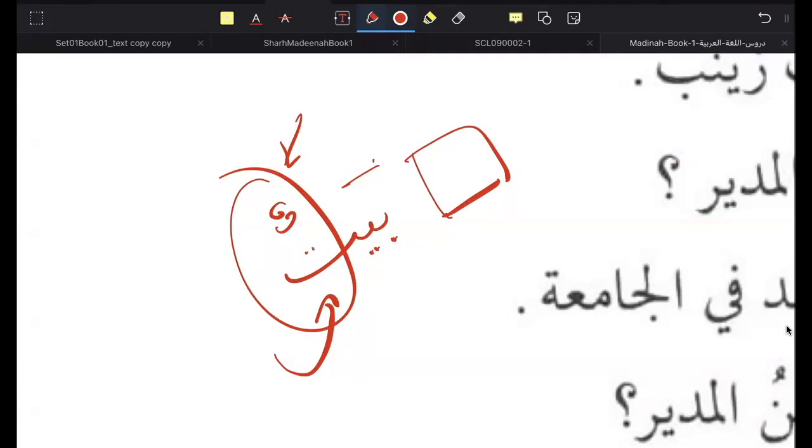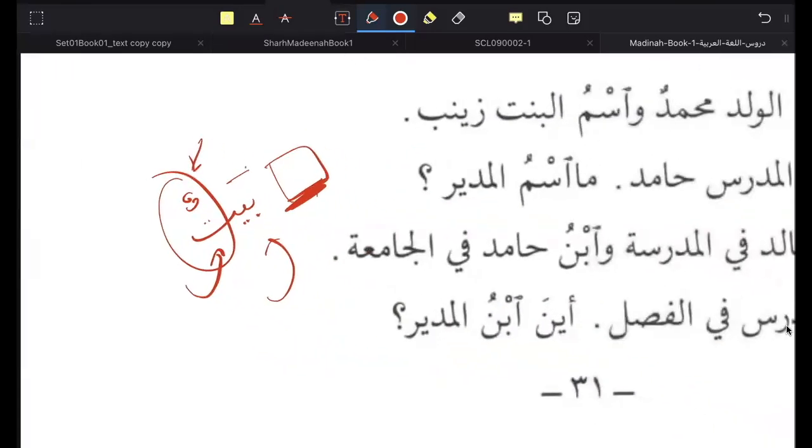There are no other grammar rules where we put a kasra, unless an adjective will follow. This is a different way. But there are many reasons to put a fatha and dhamma. We'll learn them later. But the reasons to put a kasra are the two that we already learned: after prepositions and the second word of idafa, the mudaf ilayhi.